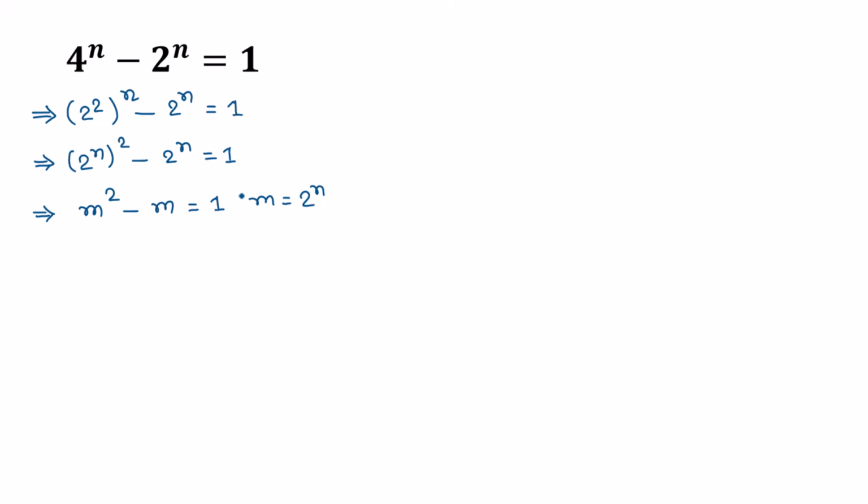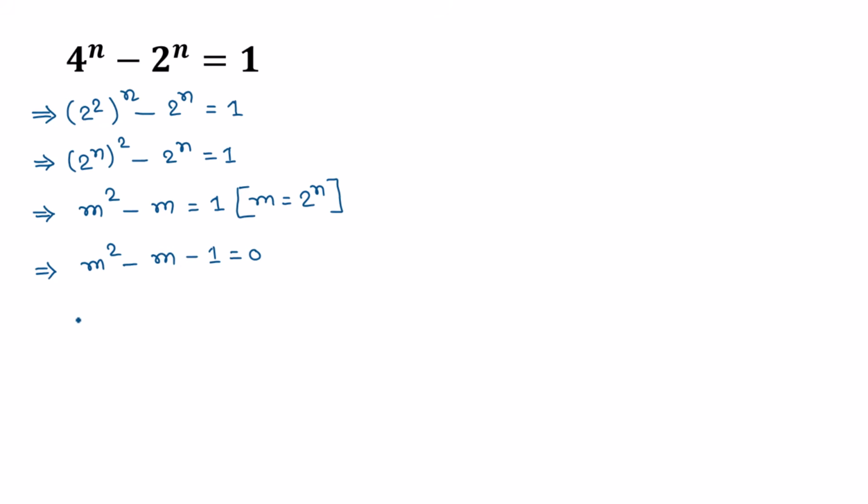Now taking the 1 to the left side, we can write m squared minus m minus 1 is equal to 0. This is a quadratic equation.